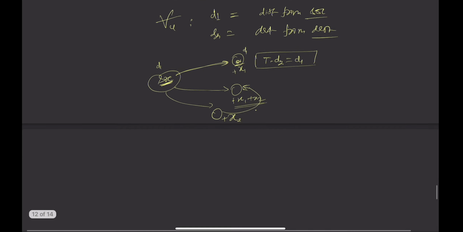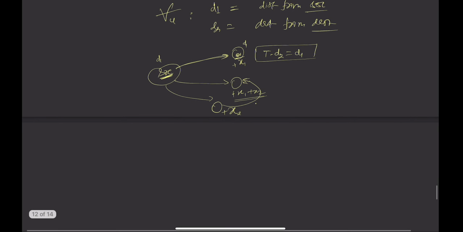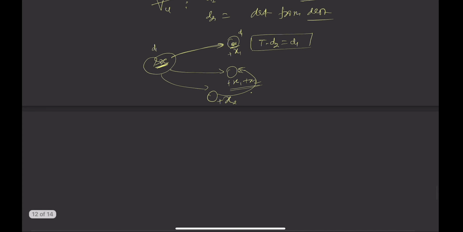So we need to find, if I know d1 d2 for every node, then start from the source node and go to all the edges. So the source answer is always 1.